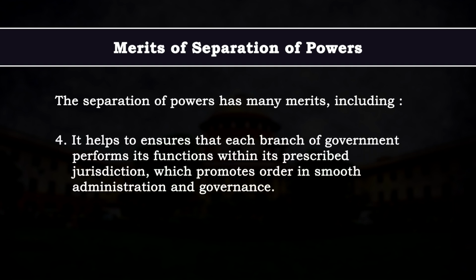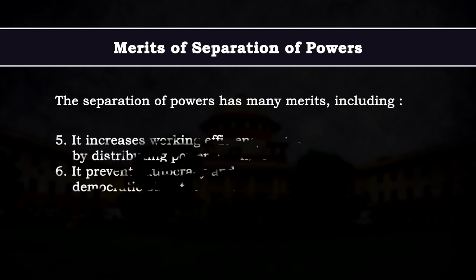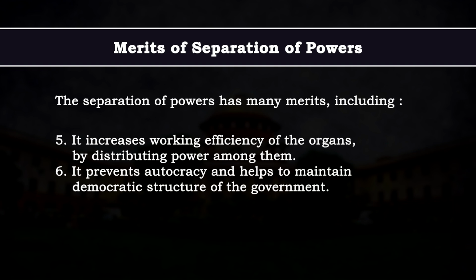Number four, it helps to ensure that each branch of government performs its functions within its prescribed jurisdiction that further promotes order in smooth administration and governance. Number five, it increases the working efficiency of the organs by distributing the powers among them.